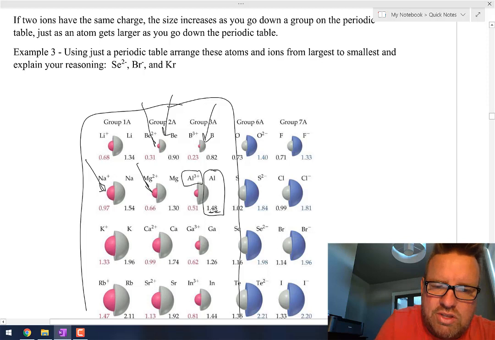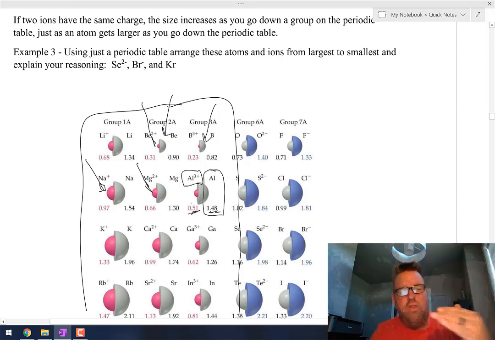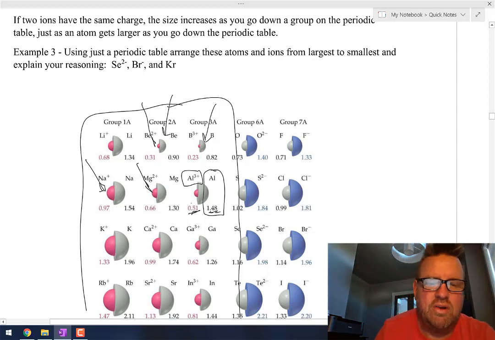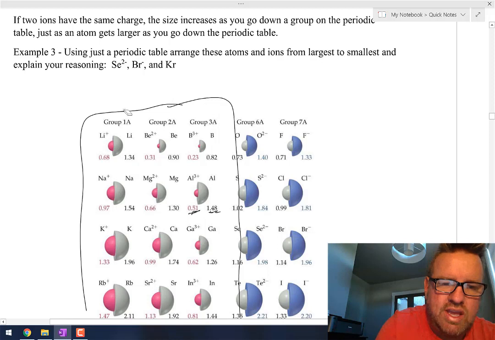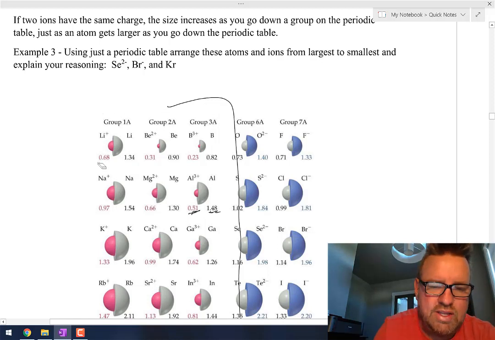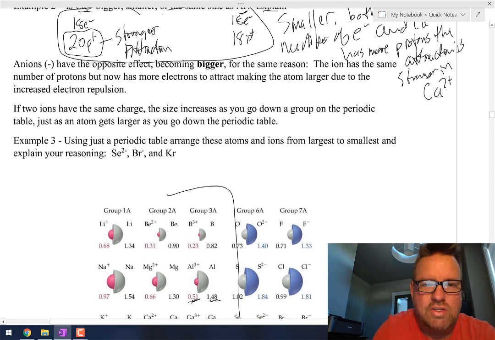Aluminum with the +3 charge, though, has a size of 0.51. It's almost 1/3 the size of regular aluminum simply by losing those electrons. The pink one is after it's lost electrons. Notice that it always gets smaller, because the number of protons hasn't changed, but the number of electrons is less now, so it makes the attraction stronger.